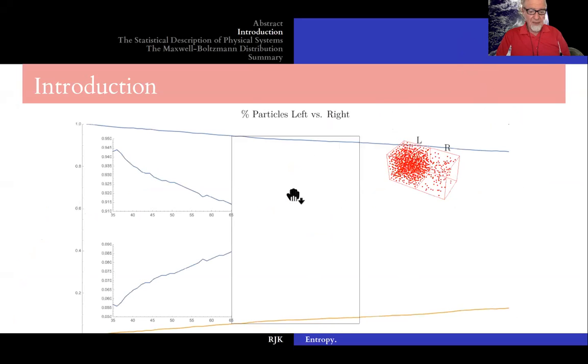So the next thing I'm going to do, I took 1,000 dice, and instead of mapping them into 2 locations, I mapped them into 3 locations. So the picture on the left here now looks like a real box, and the gas is mostly, obviously I didn't get it quite small enough.